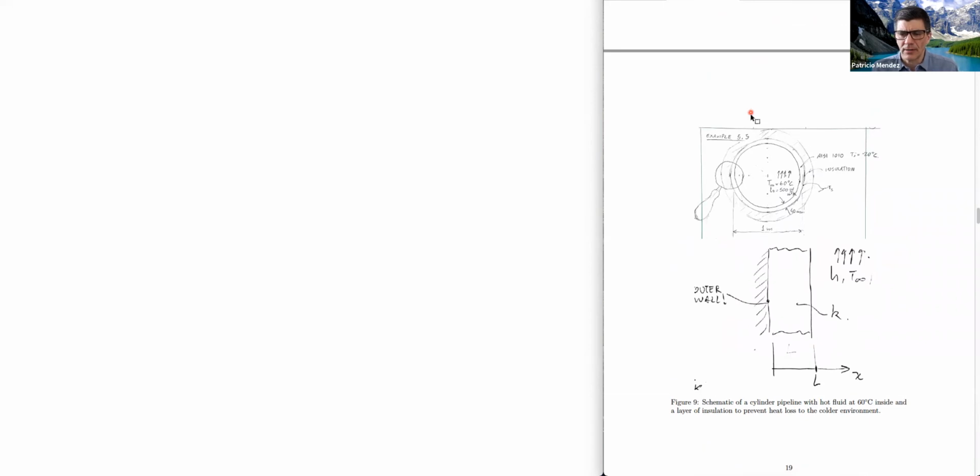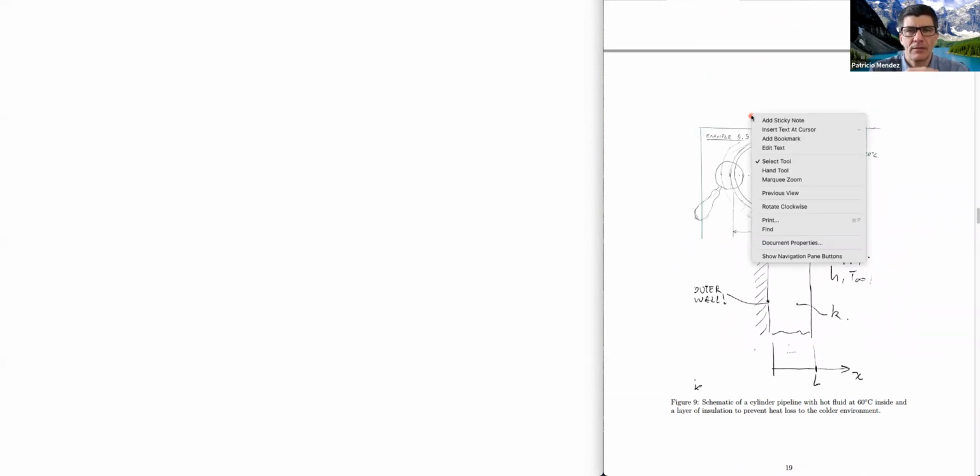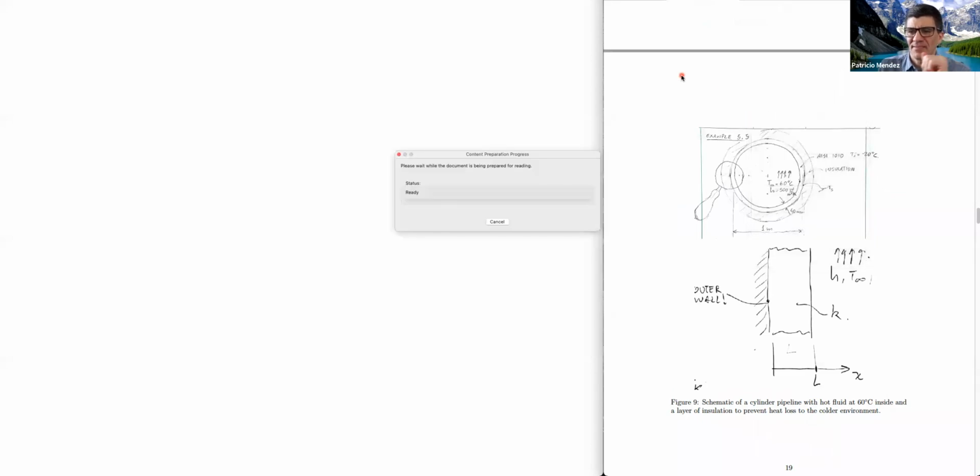Before I go too far, let's do something. Something I didn't like about the way the problem is set up in the book is that they make many simplifications without telling you.